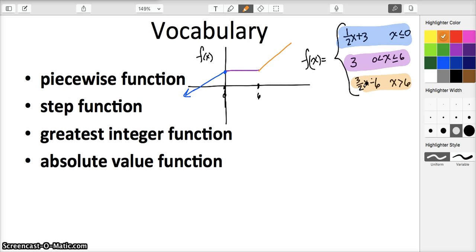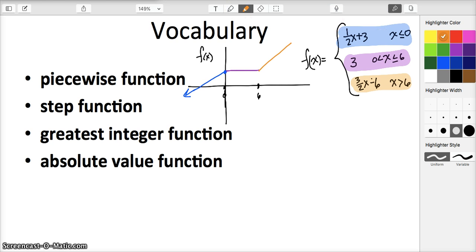This graph is going to have maybe an increased slope. Its y-intercept would be all the way down here at -6, but we don't see that because we only want the part of the graph where x is greater than 6. So this is what a piecewise function looks like. I hope that made sense.